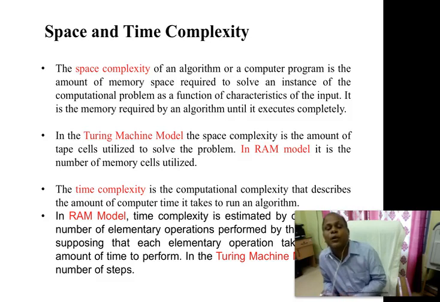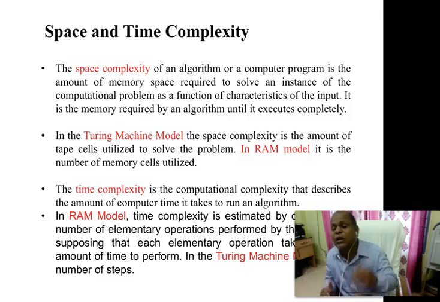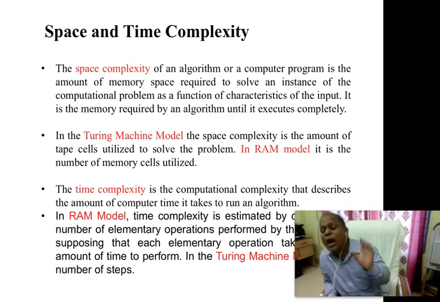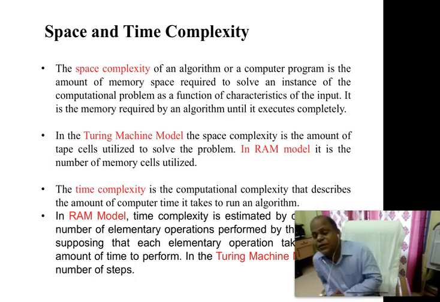That is the space complexity of the algorithm in case of the Turing machine. But in case of the RAM model, it is how many memory cells are utilized. You remember the RAM model? There are the memory cells. How many memory cells your RAM model is using while running the particular algorithm or program is called the space complexity of that algorithm or program.